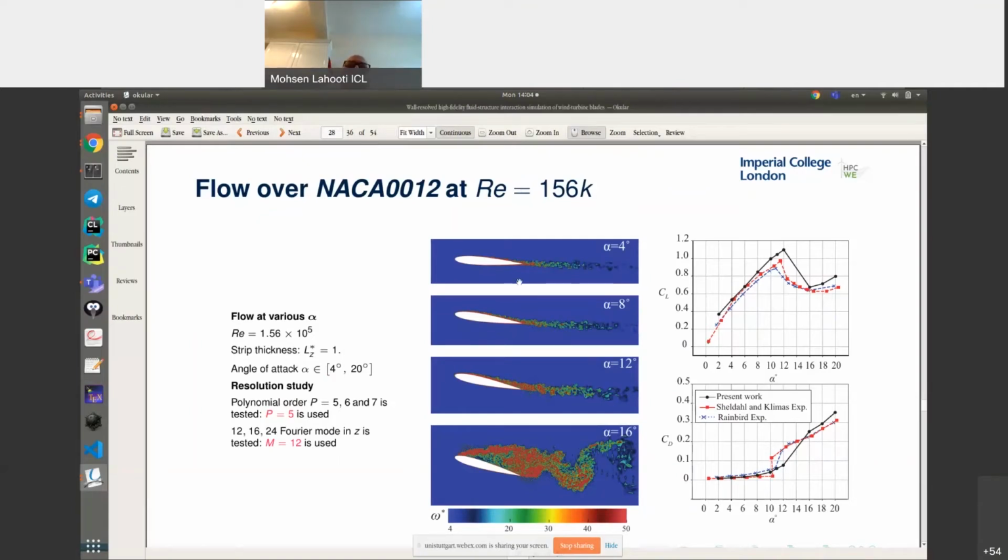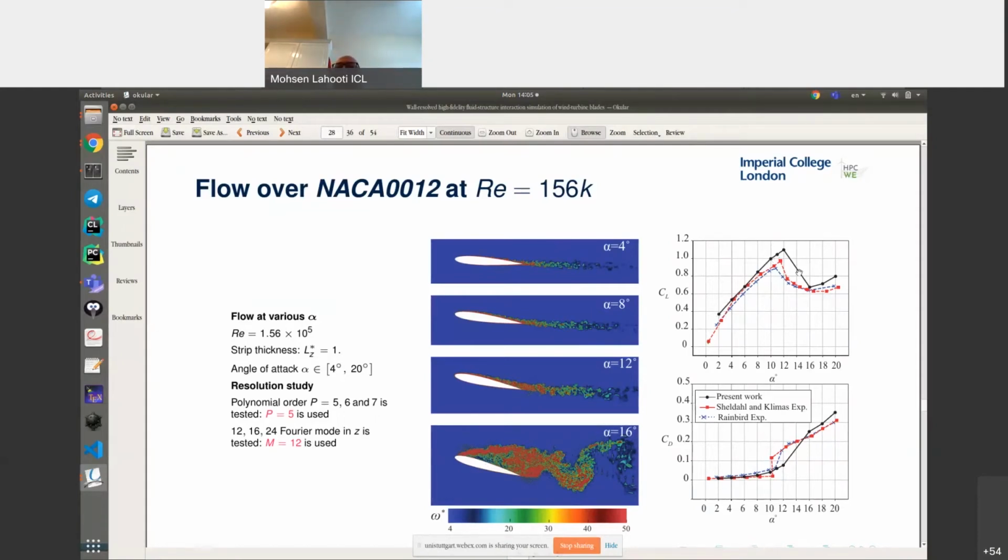As you can see, at a low angle of attack, about 4.8, the boundary layer is very thin and attached to the body. As we get to the maximum lift before stall, about 12 degrees, we have a thick boundary layer, especially at the trailing edge. In deep stall, for example the vorticity contour here at angle of attack 16, we have a massive separation over the suction side of the airfoil, and the flow becomes completely unsteady, starting to shed vortices.